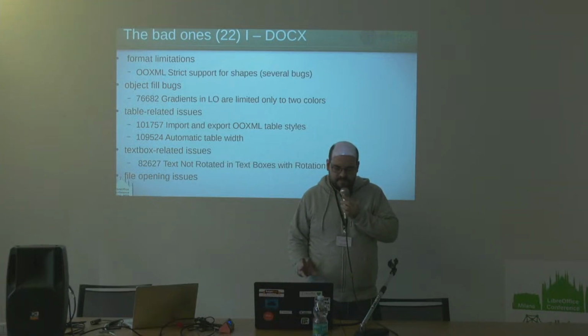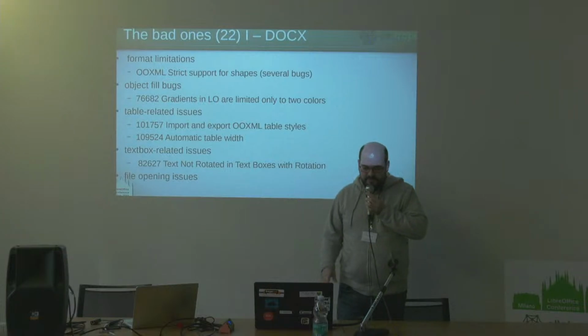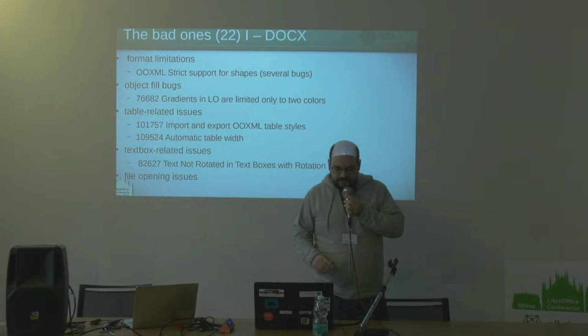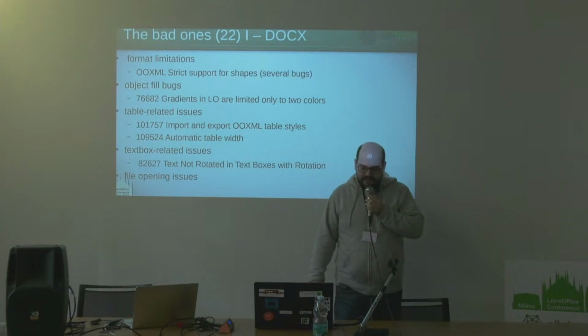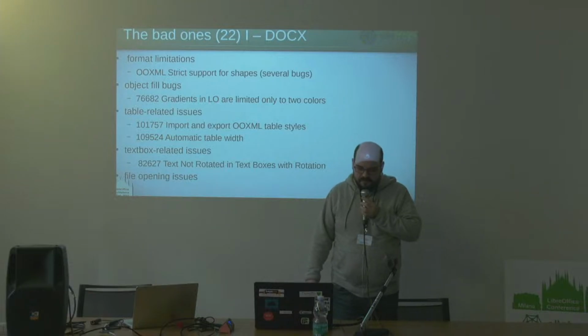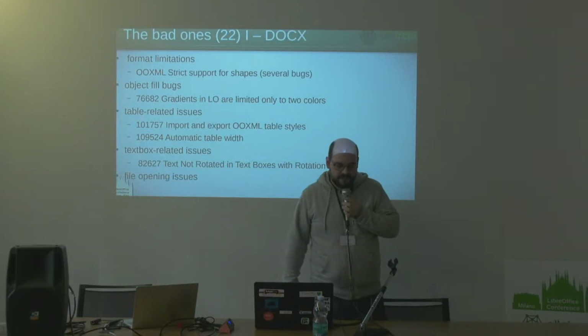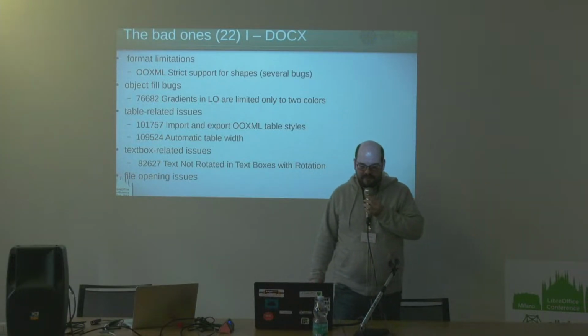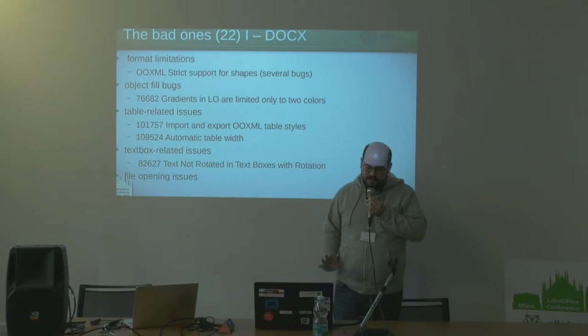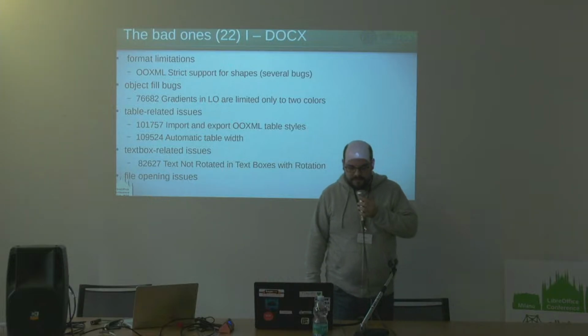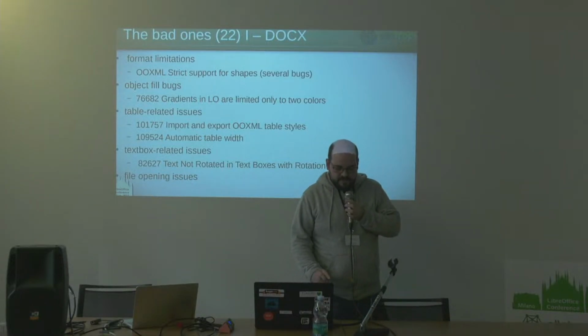So there is something very, very deeply buried here. And of course, we don't have multicolor gradients, and we don't have proper table styles, and we don't have automatic table white support for tables. So there are many bugs apart from these, but these are the most important ones, I think, for these categories.